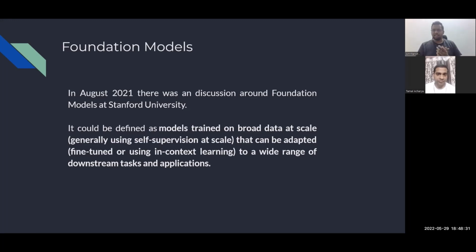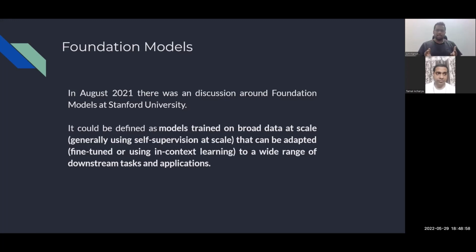Last year in August 2021, there was a discussion around foundation models at Stanford, and people were talking about creating such a model. Facebook has recently launched something called data2vec. They claim that any kind of data you throw at it, like image, audio signals, or even text, a common framework will be able to convert into a vectorized representation.